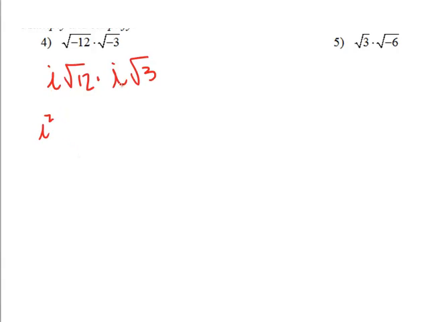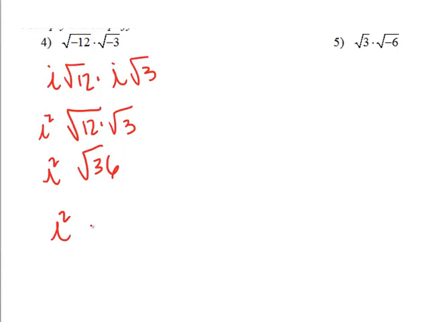Because i times i, and the square root of 12 times the square root of 3 is going to stay there, the square root of 36. The square root of 36 is just 6, right? This is negative 1. Negative 1 times 6 is negative 6.